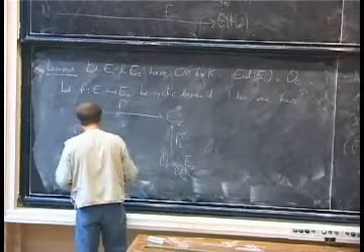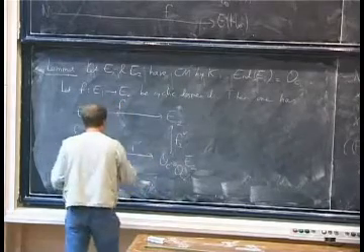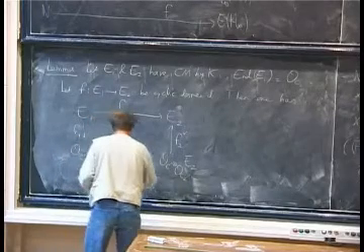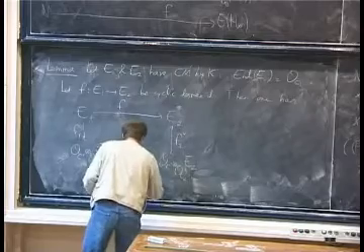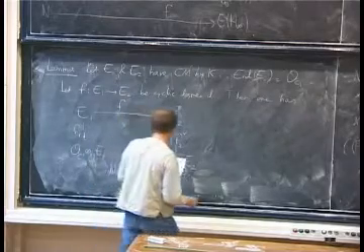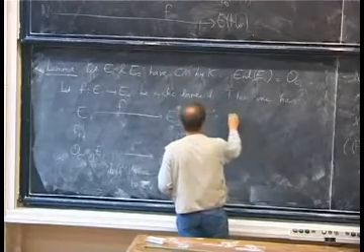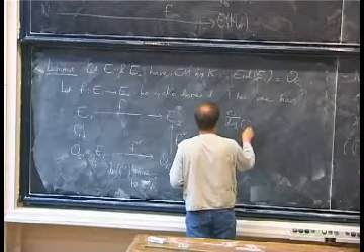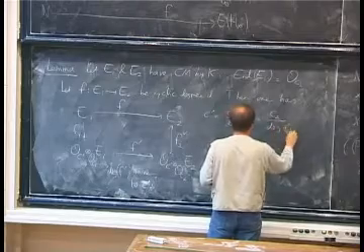Here we have an isogeny that we will call F prime, and the degree of F prime is prime to C prime. The C prime is going to be C1 divided by the degree of F1, and this is the same as C2 divided by the degree of F2.